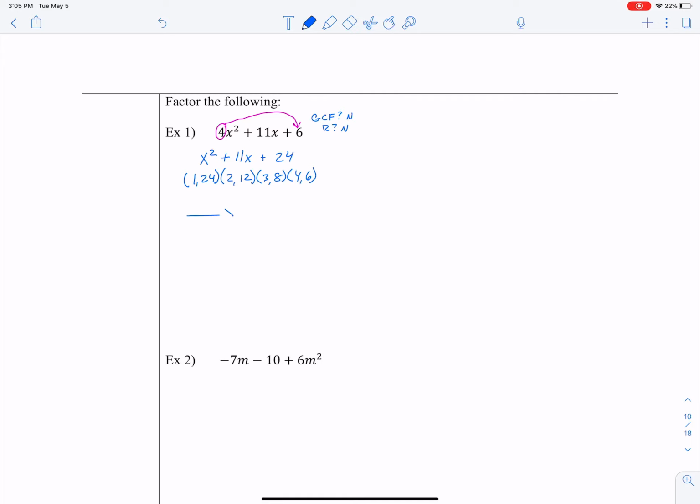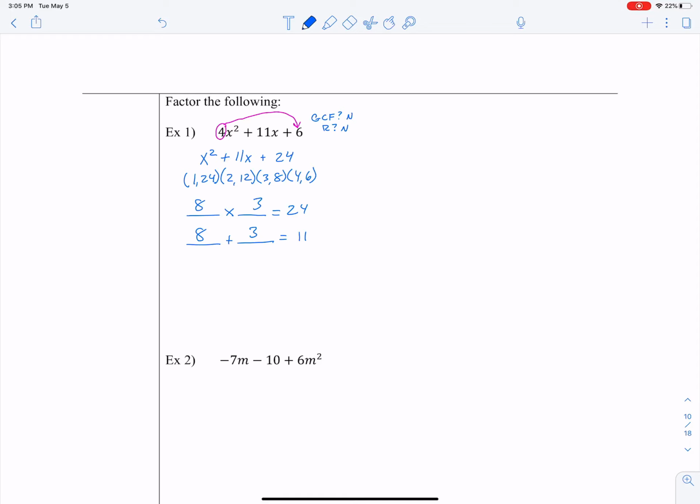So we need two numbers that multiply to give us our last number, which is 24, and two numbers that add together to give us our middle number, which is 11. Okay, so this is our same normal thing. So we're going to look at each of these pairs and we're going to find ones that add up to 11. So this doesn't work, this doesn't work. 8 plus 3, that gives us 11. So 8 and 3.